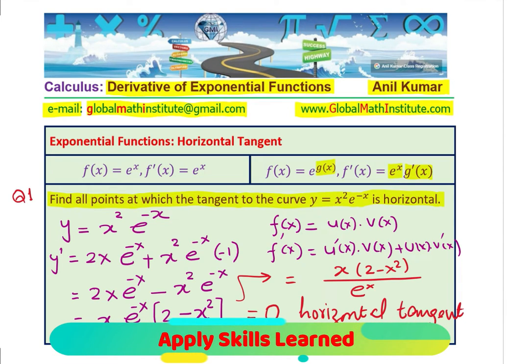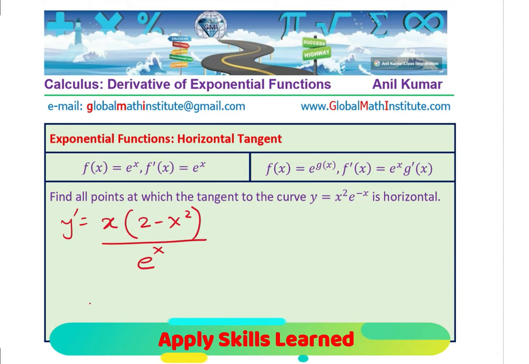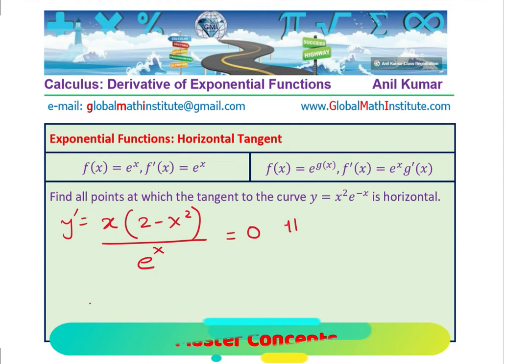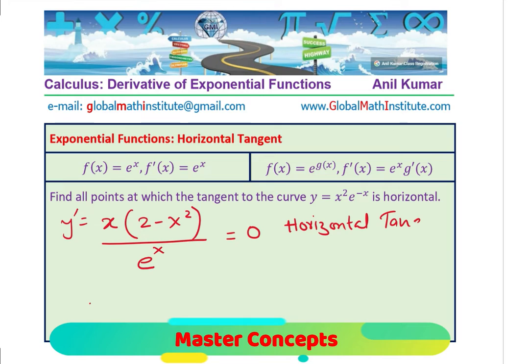Clear? Okay. So x times 2 minus x squared over e to the power of x, we can equate this to 0 for horizontal tangents. That means the numerator should be 0.